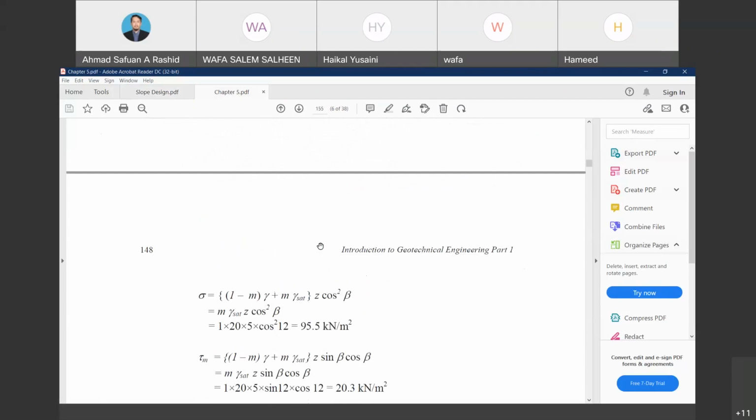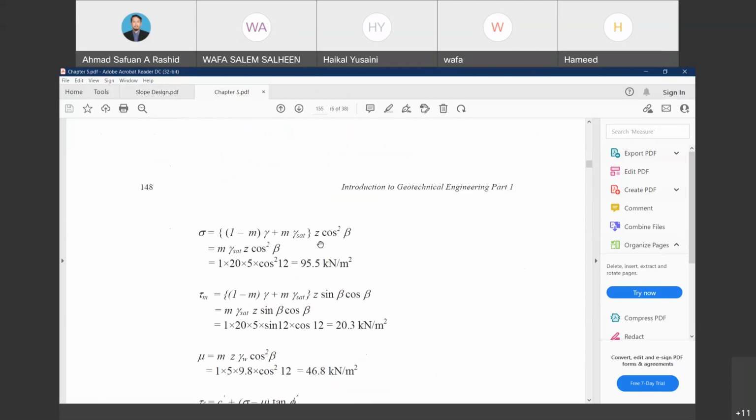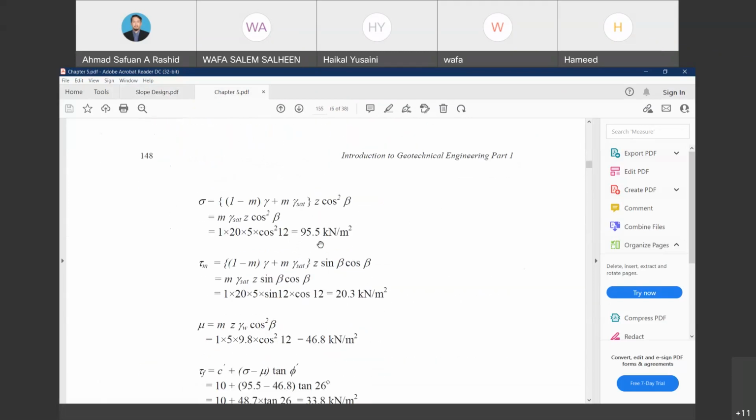For the sigma, you need to do along with me to get the value for the factor of safety.